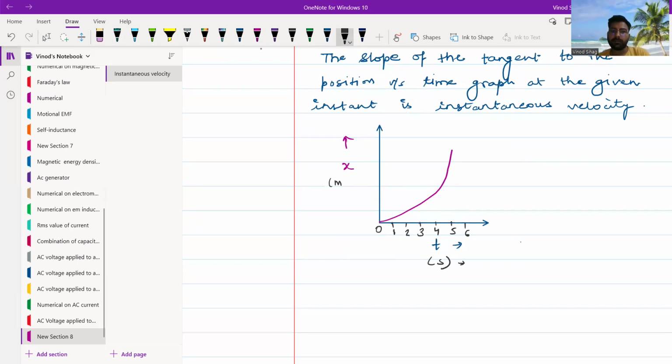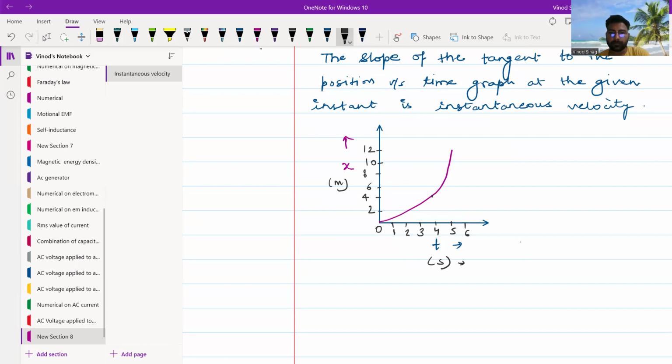On the vertical axis, they are 2, 4, 6, 8, 10, and 12, and x is measured in meters. Now we want to find out the instantaneous velocity at 4 seconds.